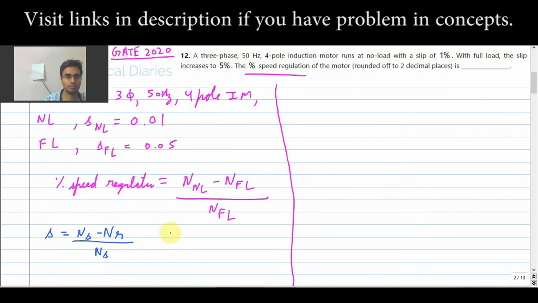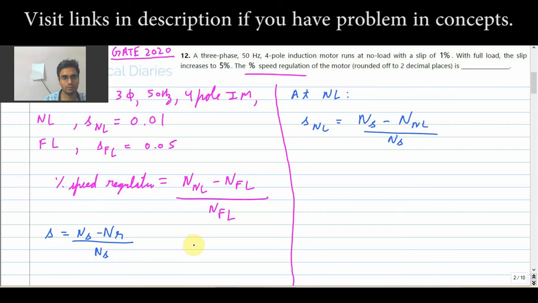So at full load, at no load, first we will take at no load. S no load is equal to (ns minus speed at no load) divided by ns. From this formula, nr means the motor speed, that is the rotor speed, same as the motor speed.